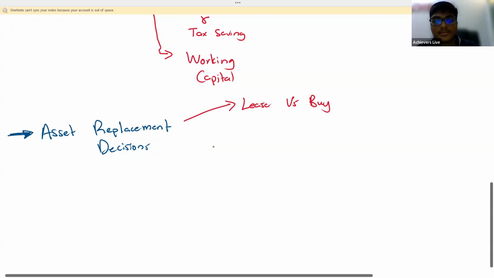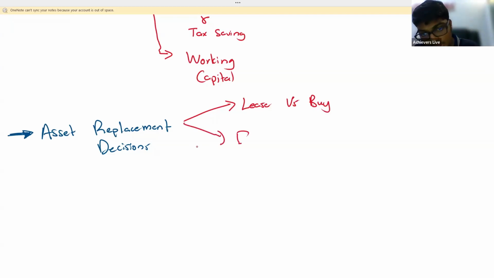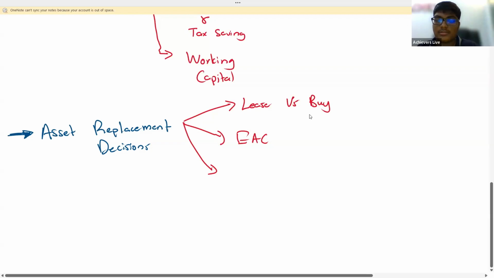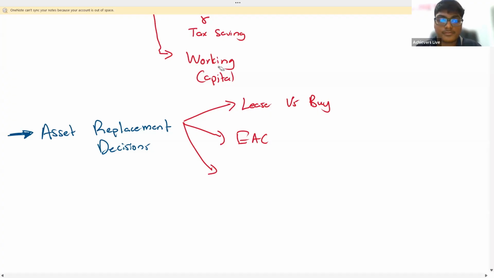What is the next thing? EAC. Only these two, no? After that, you have capital rationing. That is something separate. Yes. So lease versus buy.